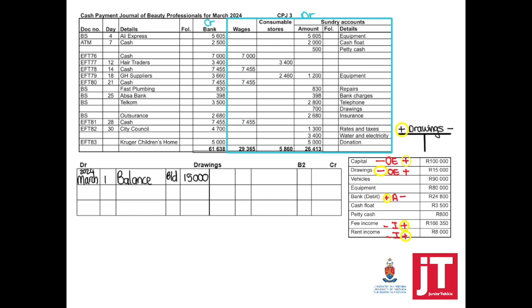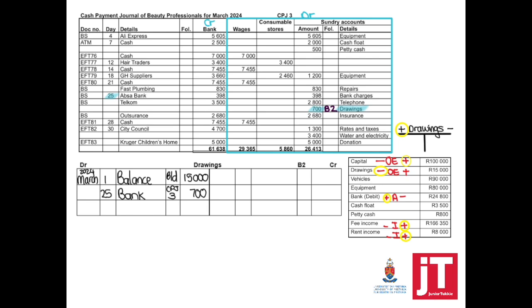15,000. Step number 2, post from the CPJ. On the day of the transaction, why? Because it's under sundry accounts. On the 25th, the contra account is Bank CPJ 700. Indicate that you've taken into account number B2.